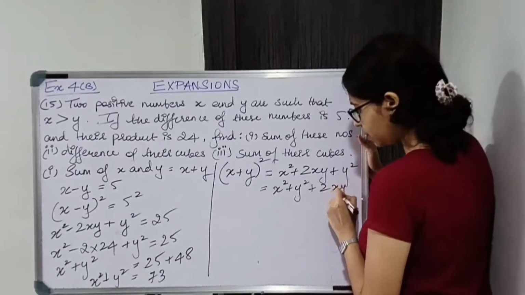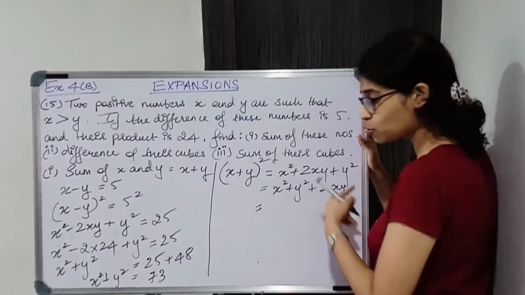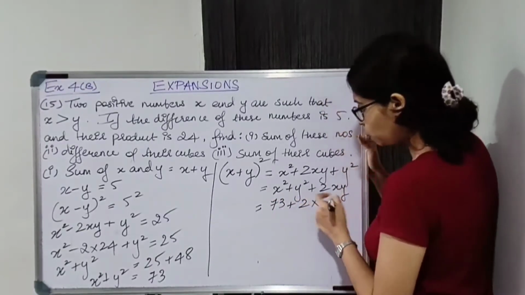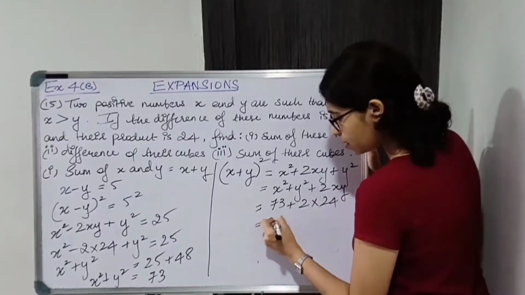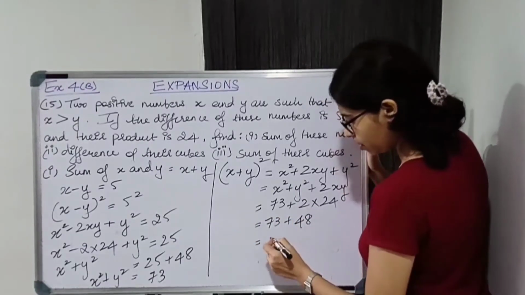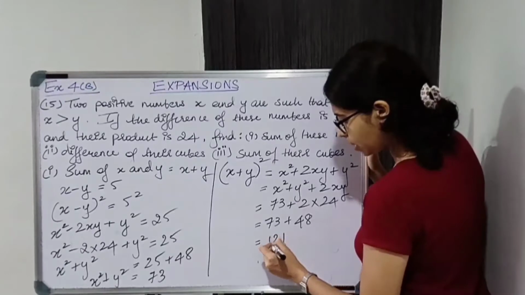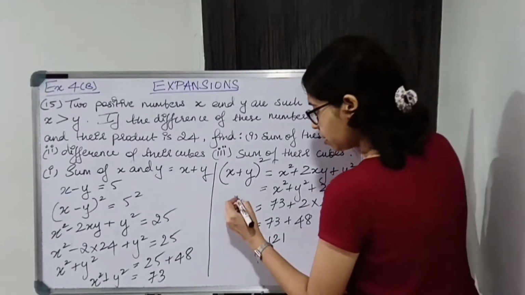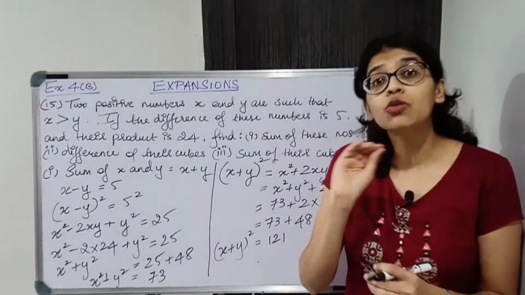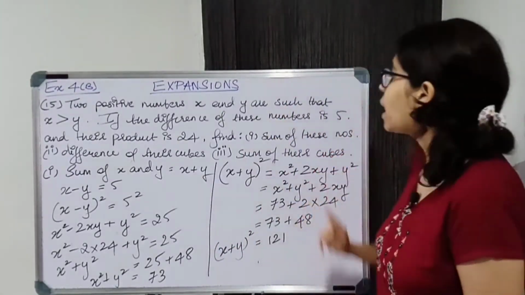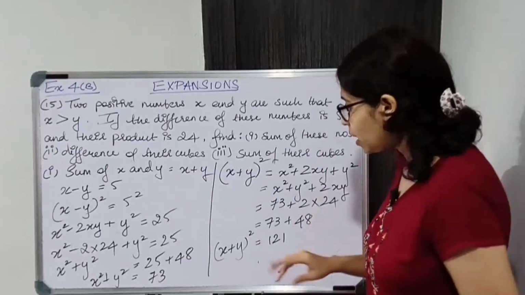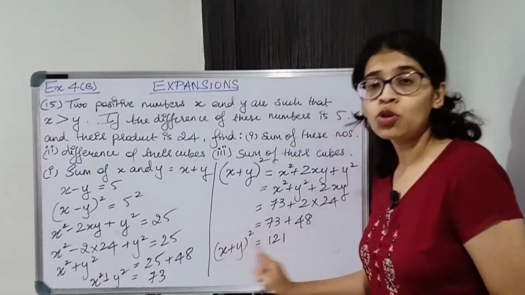Plus 2xy, xy ka value also I know, so I'll substitute that also. 73 plus 2 into 24, so 73 plus 48, so this will give 121. Okay, so x plus y the whole square is equal to 121. Now students, I don't want x plus y the whole square, I need to find sum of these numbers, that is x plus y only. So what I'll do, I'll take square root on both the sides.